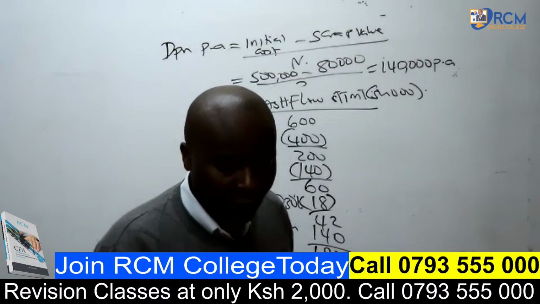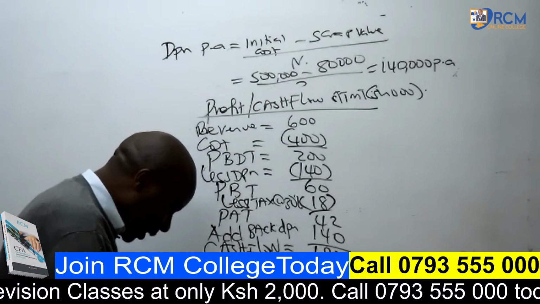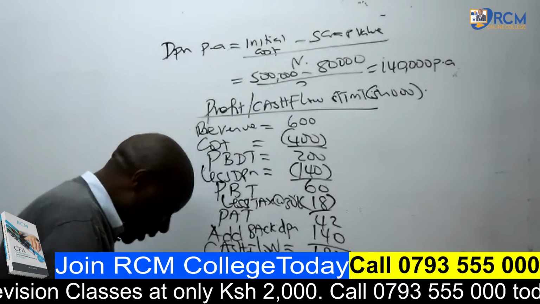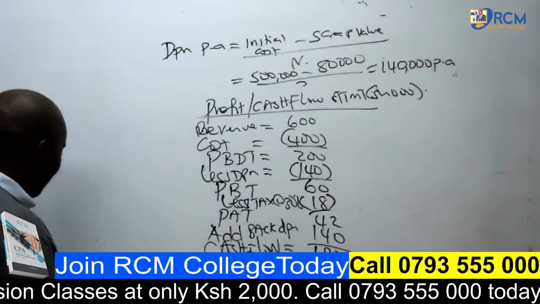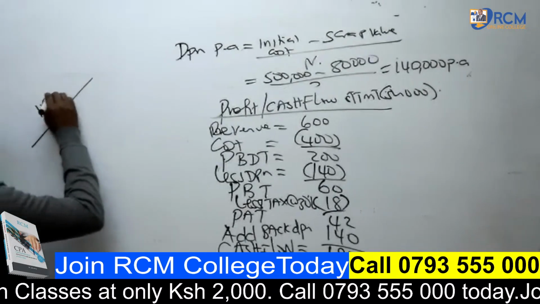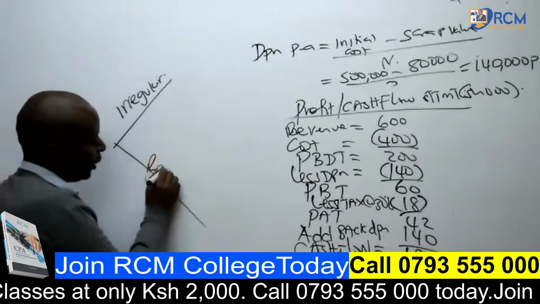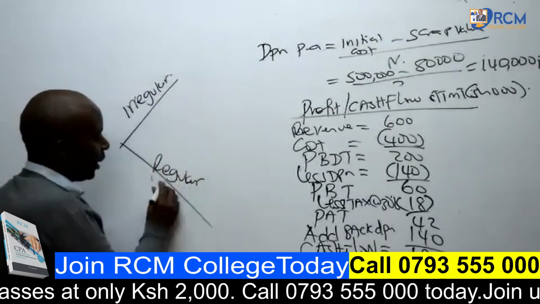Most students, from the formulas I'm able to see, have remembered very fast that in terms of cash flows, we always have two types of cash flows. We have what we call irregular cash flows, and then we have what we call regular, which are the annuities.